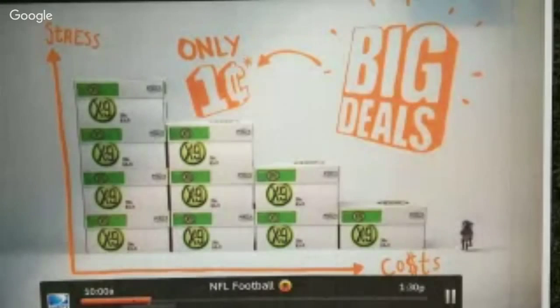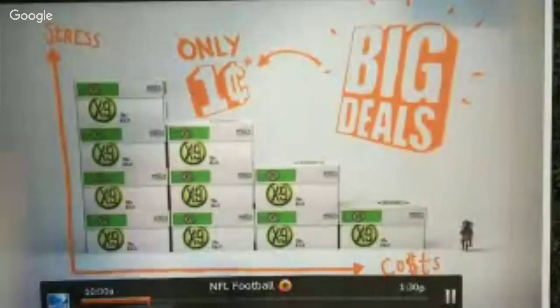Maybe you see it. I see it. If you can't figure it out yet, hopefully after this lesson we'll go back and you'll be able to see it. But someone was paid lots of money at an ad company, and Office Max gave them money to put this on TV so that millions of people saw it.